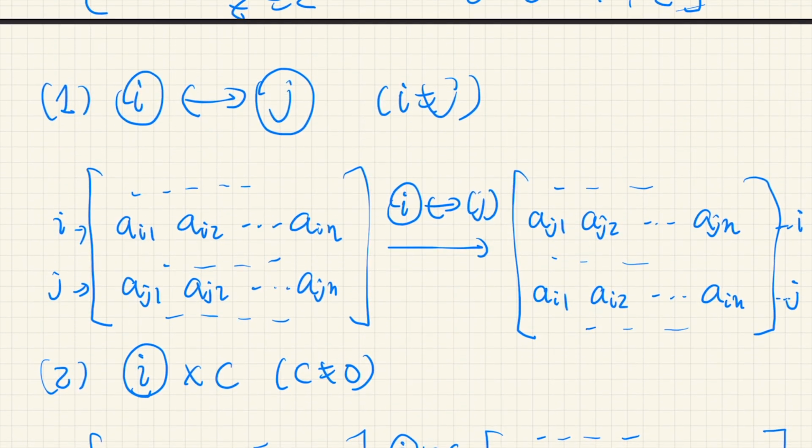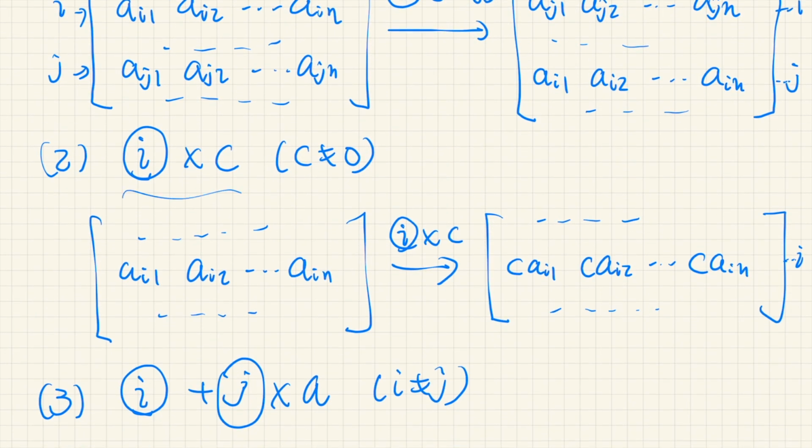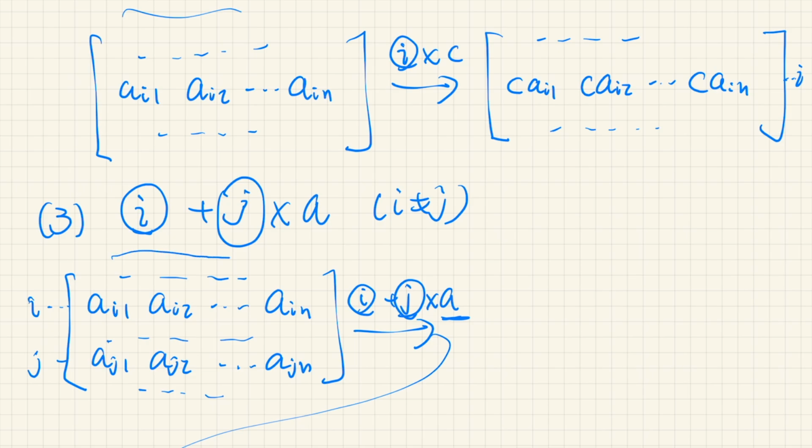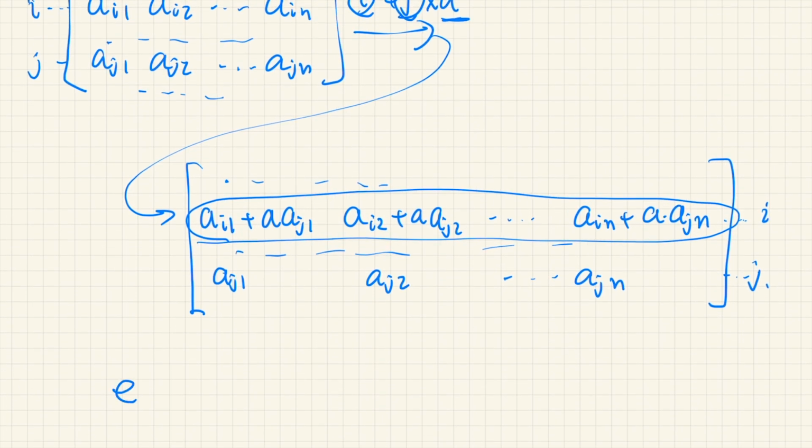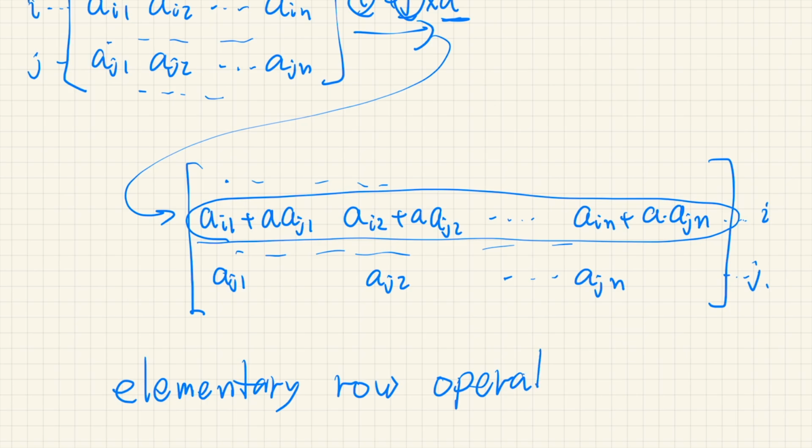These three operations, swapping two rows, multiplying one row, and adding to one row a constant multiple of another row, are called elementary row operations. So by combining these three operations in some order, we can solve any system of simultaneous linear equations.